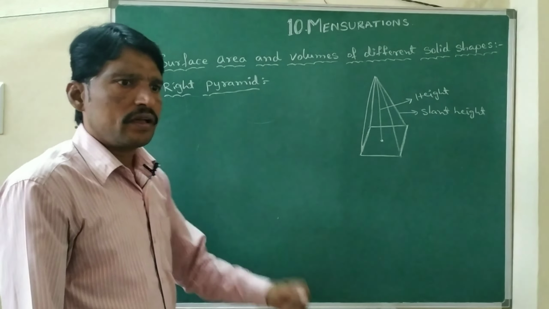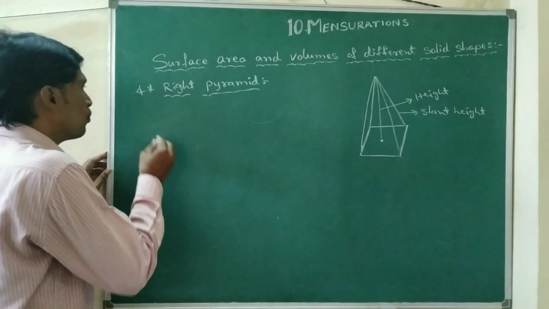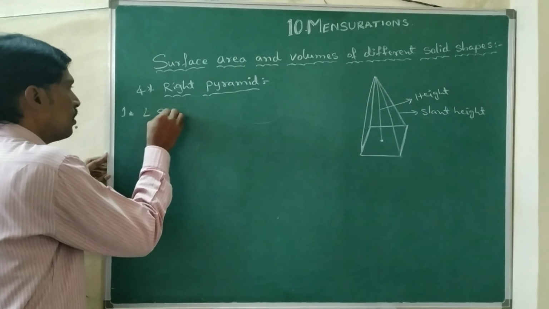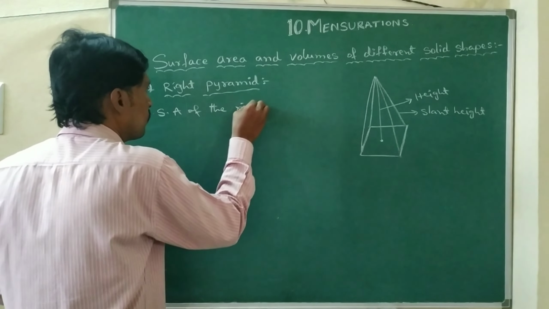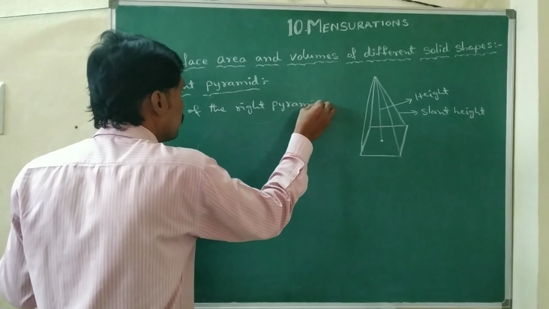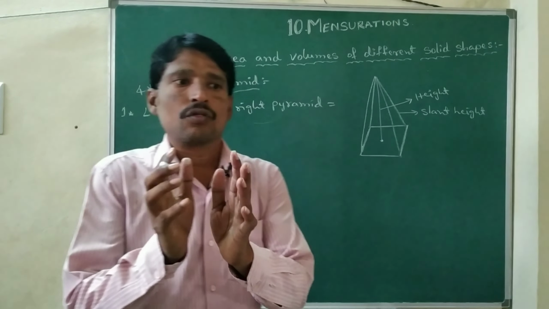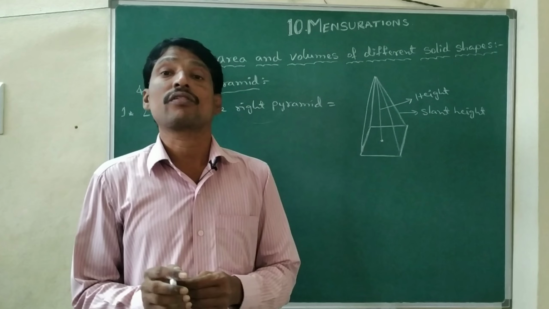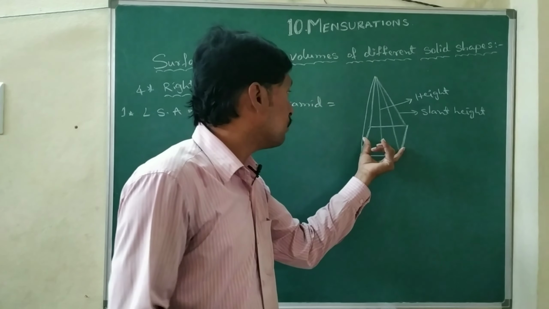So what is the LSA of the right pyramid? LSA of the right pyramid equals 1 by 2 into perimeter of the base into slant height.